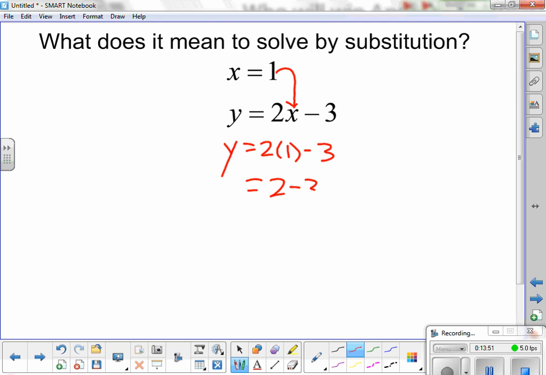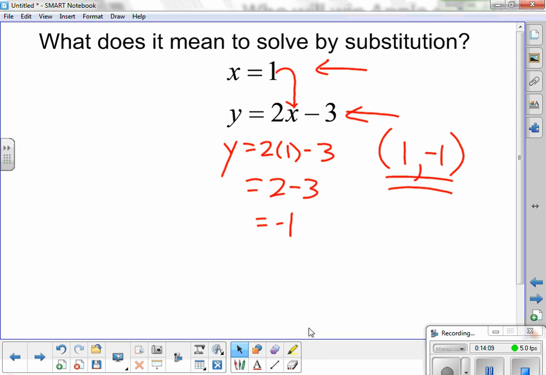So 2 minus 3, which is negative 1. So your answer here is (1, -1). If you were to graph these two, that's the point where they would actually cross. So if you were to graph this line and graph this line, they would cross at that point. Okay, but we're not graphing because if you get sloppy, you might miss that point. So that's basically what we're doing.